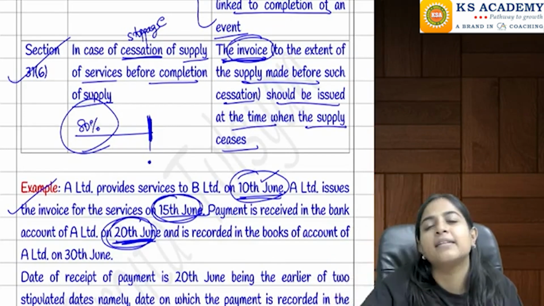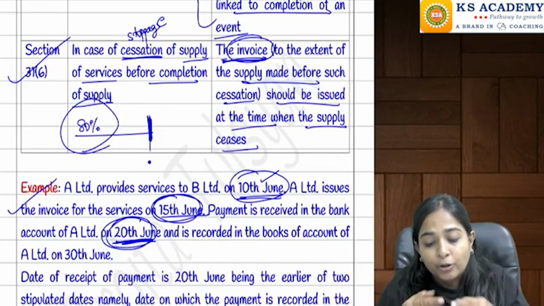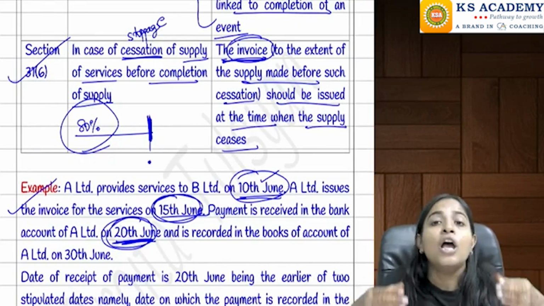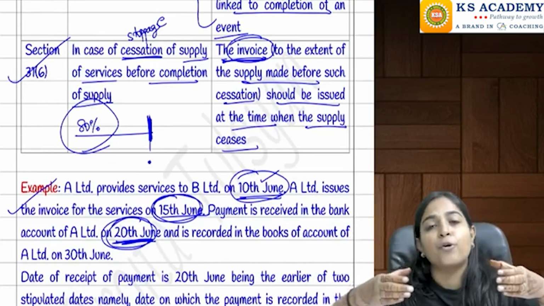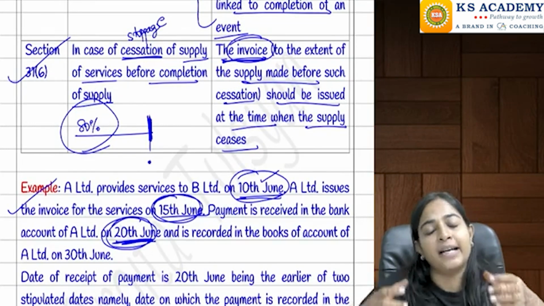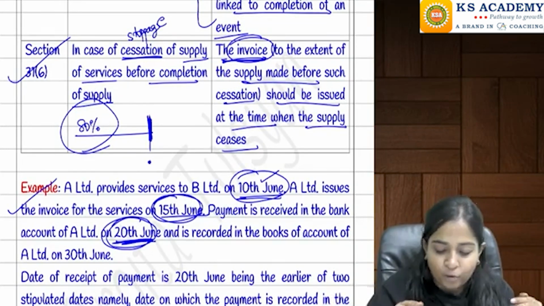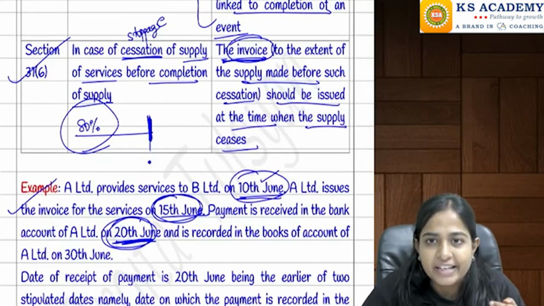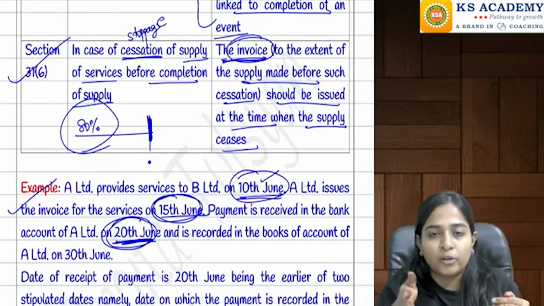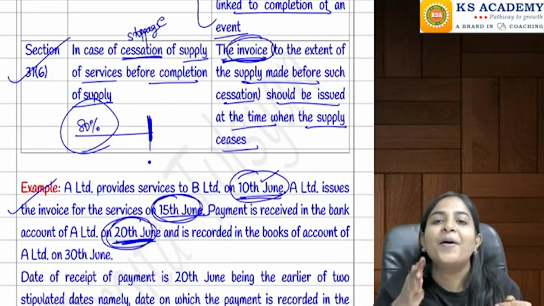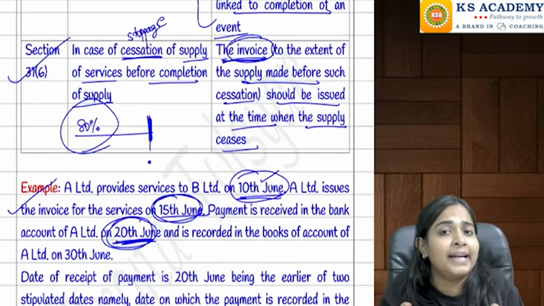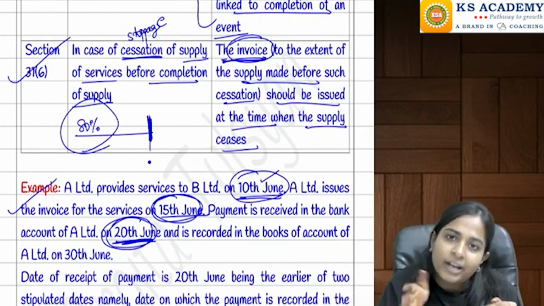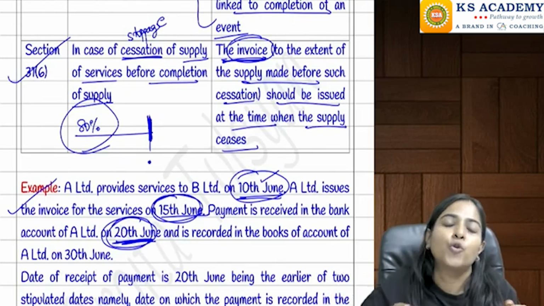The service stopped in the middle, cessation happened, so whatever proportion of supply has been completed, that much proportion of invoice for that much work done should be issued at the time when the supply stops. Very clear with this? Let's say today the supply has stopped. Until today 80% work has been completed or 80% service has been supplied. So for 80%, the invoice should be issued today.